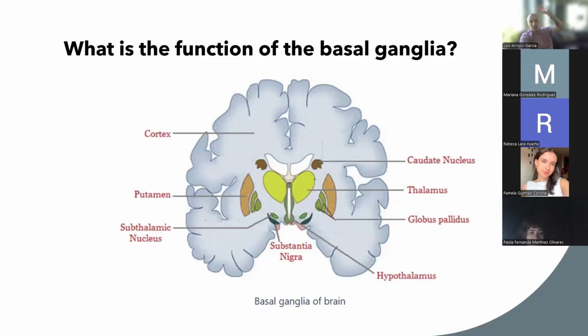We're going to give a very, very short explanation of this because we need to advance. Does anybody want to add anything else? No? Does anybody have a question about the basal ganglia? No? All good. I see Paola. She says no, so we'll continue.